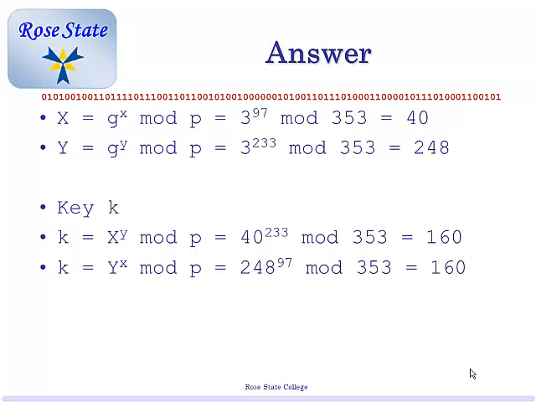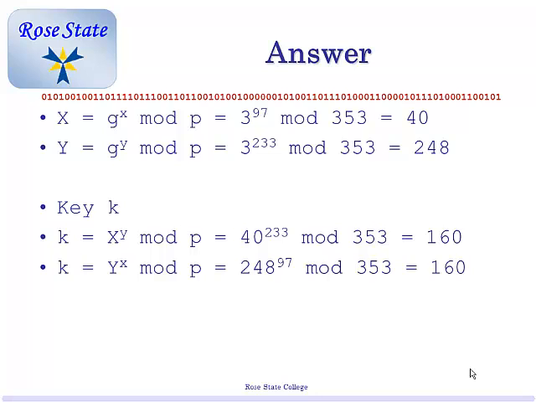But in the real world, you wouldn't. You would only see one side of it. Like up here, I would know the G and the P. I would pick my small x, but would not share it. Then I would share the result of 40. Then the person on the other end would use that 40.